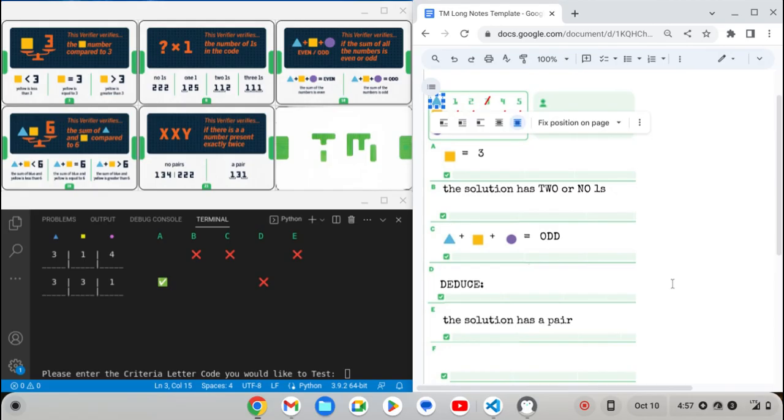So I'm going to deduce that the sum has to be... I'm experiencing a bit of a lag. So, okay, I'm saying that the sum is probably less than, and then we have two ones or not?